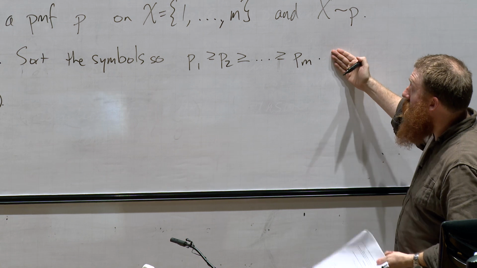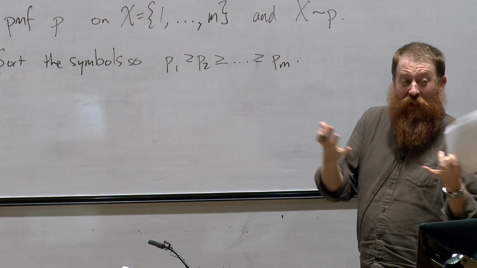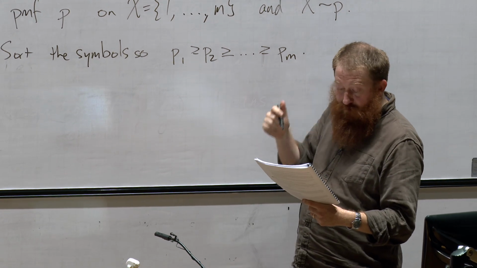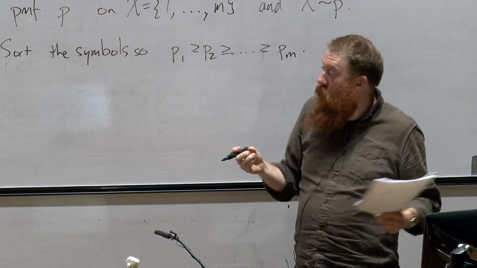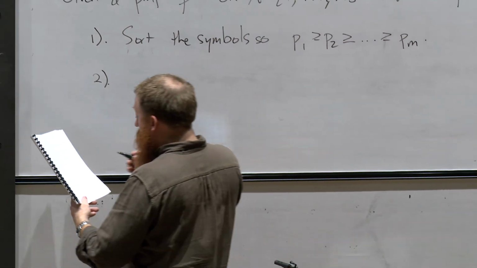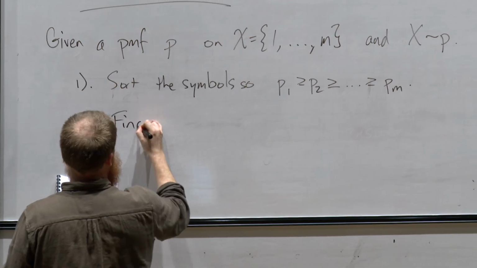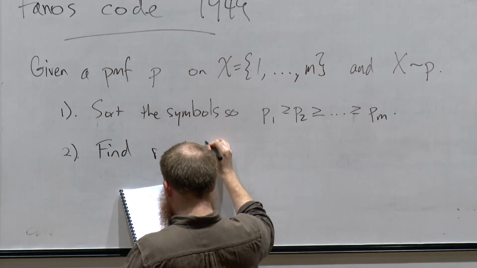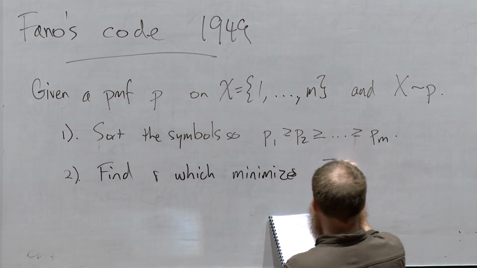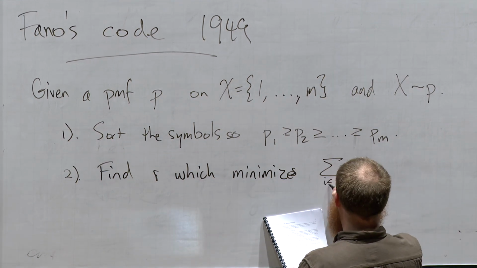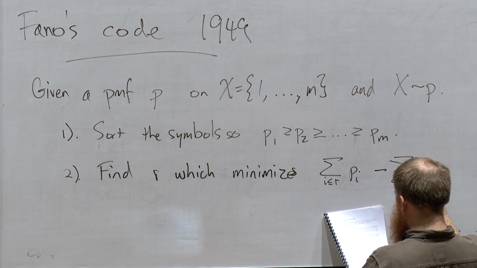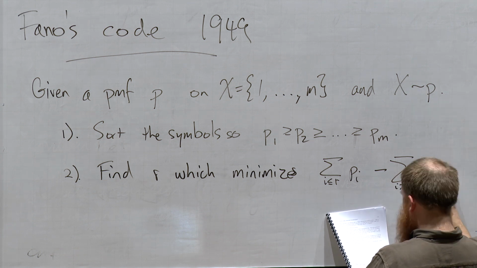so what we need to do, our first thing is to split the set of symbols into 2. Let's assume we're going for a binary code. Okay, so if we're doing a binary code, we're going to find R, which minimizes the sum over i less than or equal to R of Pi, minus the sum over i greater than R of Pi.